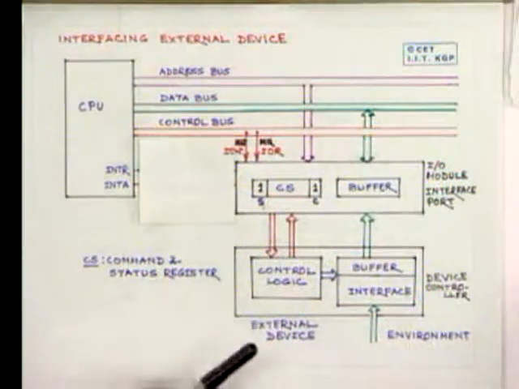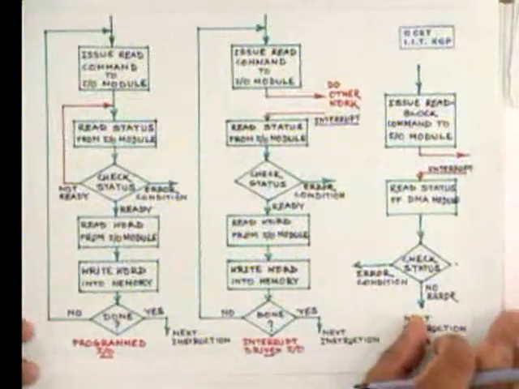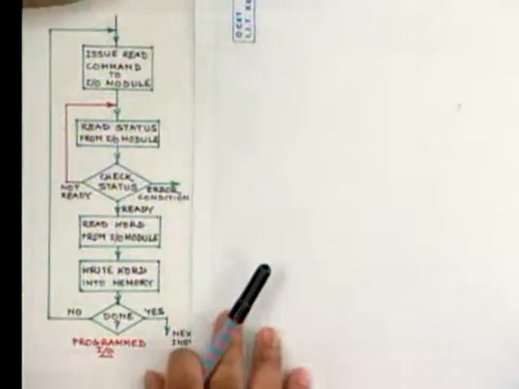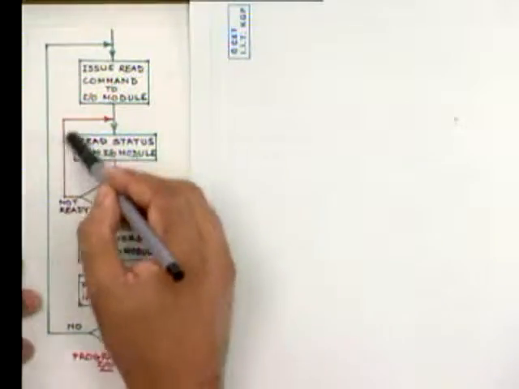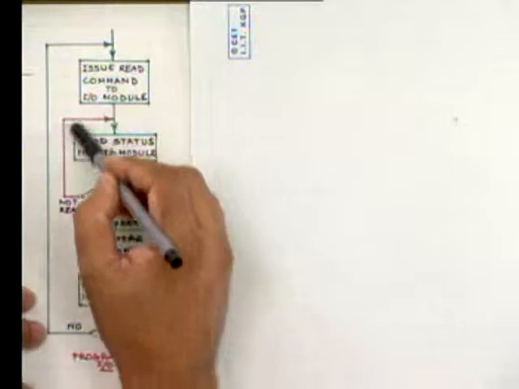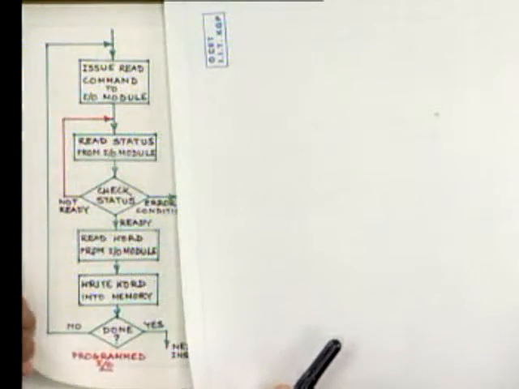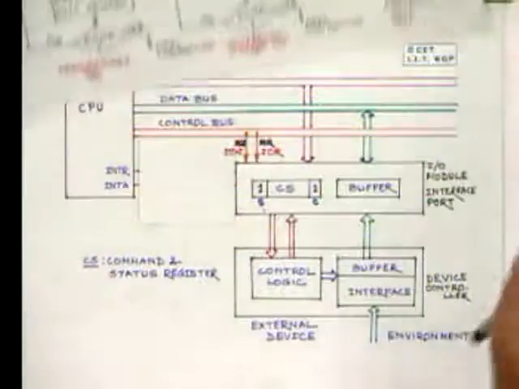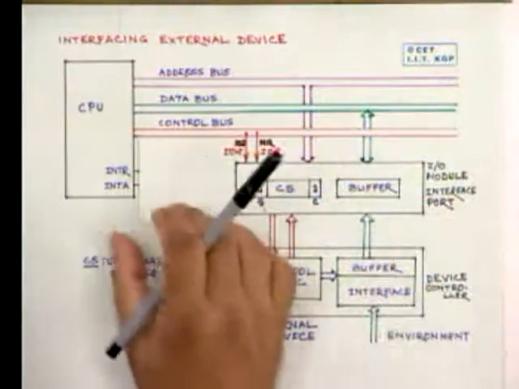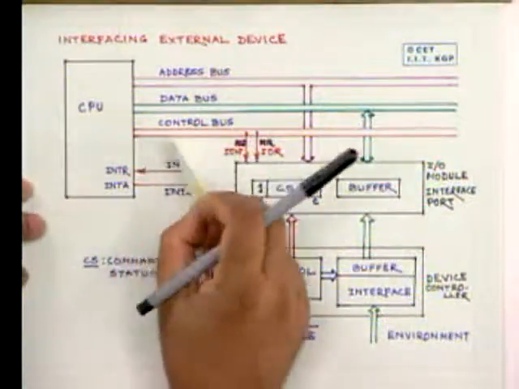Now, as I was telling, the situation here is essentially a very useless wait loop for the CPU. What can be done about it? The simple improvement is: why wait?